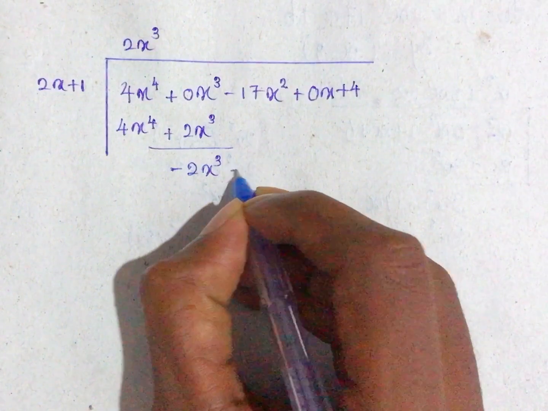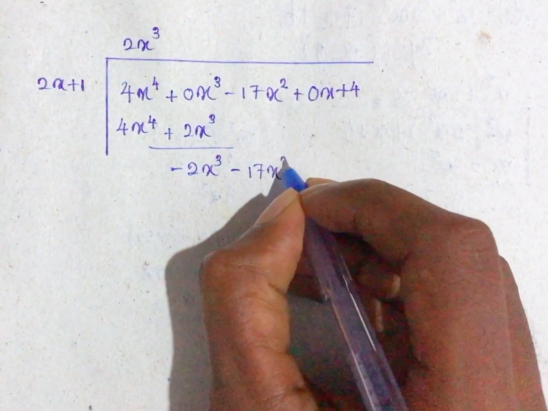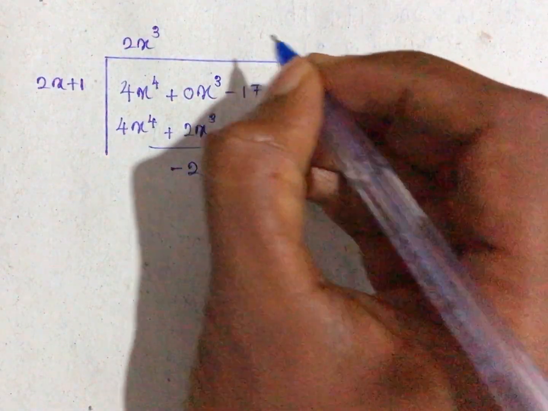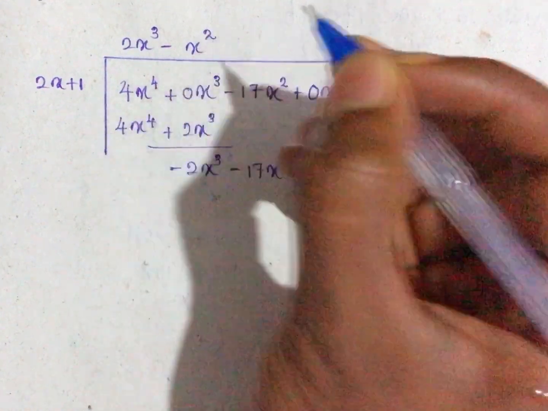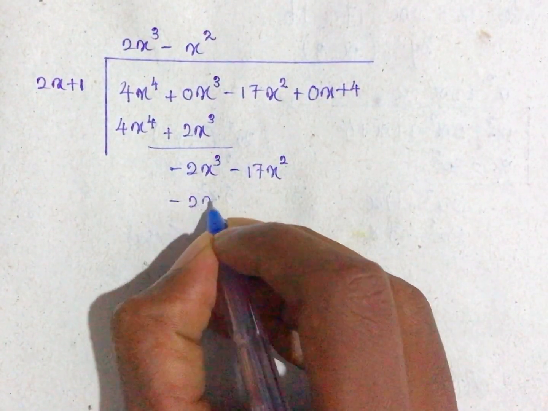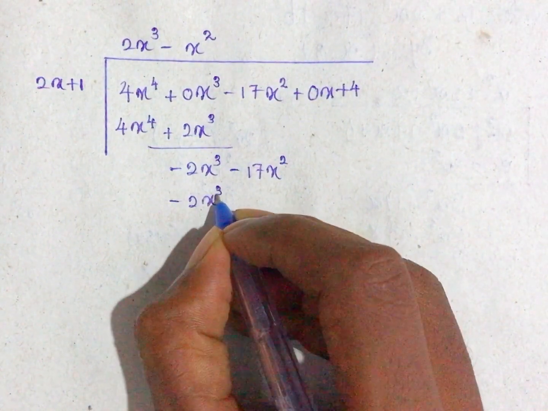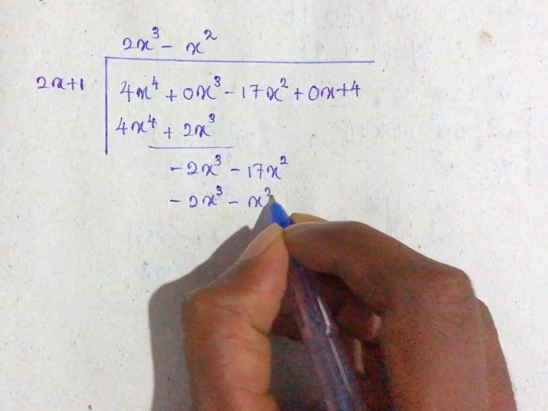Then minus 17x squared comes down, and we need to find the second term of the quotient. What can we put? x squared as the second term of the quotient. After you multiply it, you will get minus 2x cubed minus x squared.